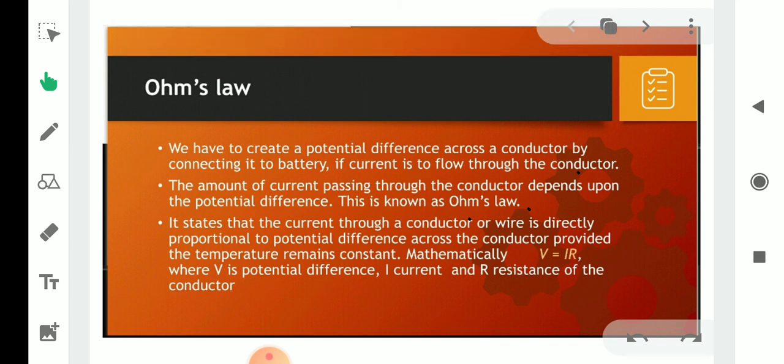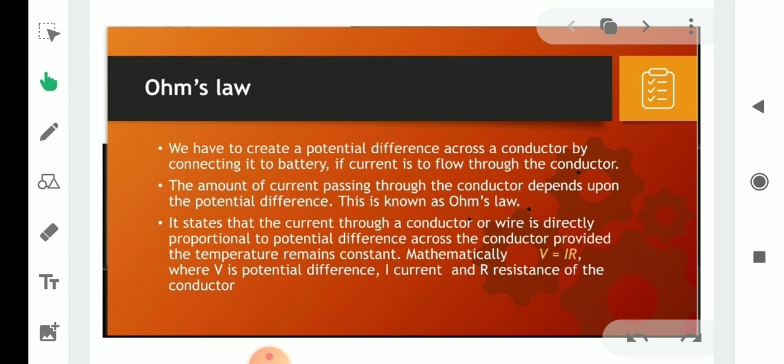Yes, as the potential difference has been increased, the electric current also has been increased. So the amount of current passing through the conductor depends upon the potential difference which is applied.